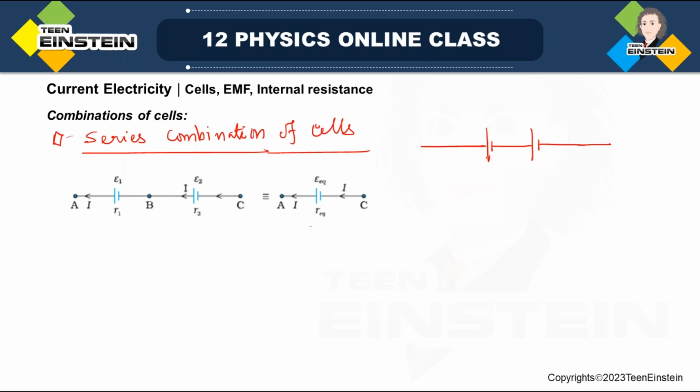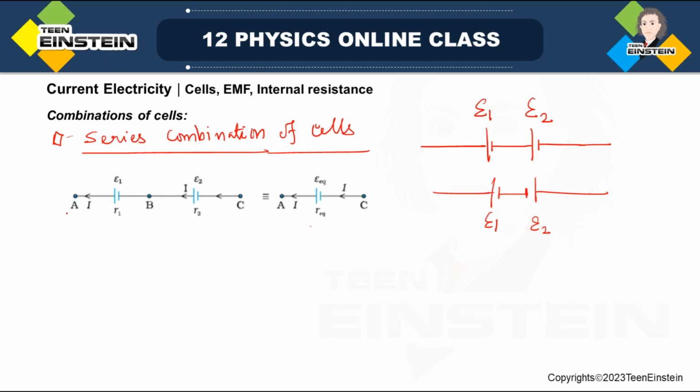Suppose they have EMF E1 and E2, we will see that they are simply added. But if I have positive terminal like this, then negative terminal, then positive terminal, then also it is a series combination. But if this is E1 and this is E2, the combination will be negative. After the calculation, we will just discuss these circuits.